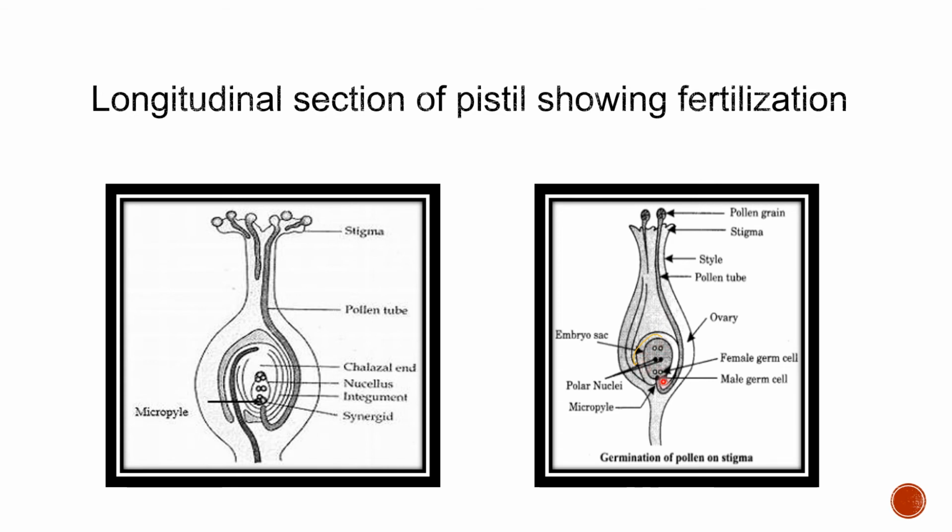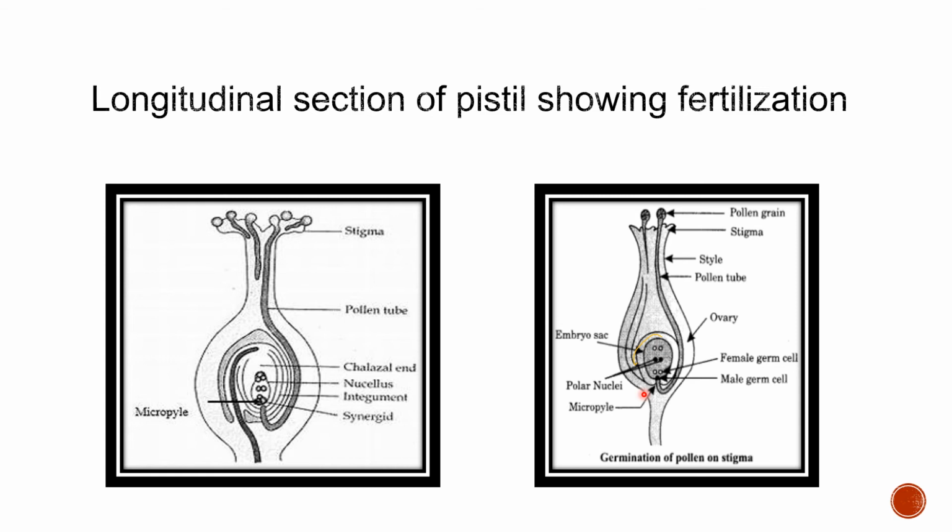So this will fuse with the diploid secondary nucleus, and that will form the endosperm, which stores food for the tissue. Now this endosperm is formed by the fusion of the second gamete. So this process is called double fertilization. Is it clear to everyone?